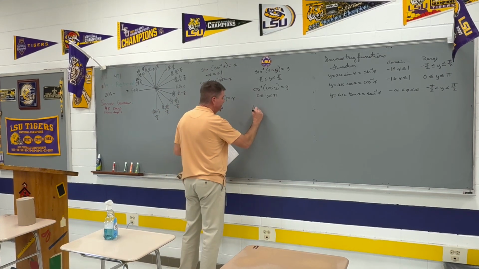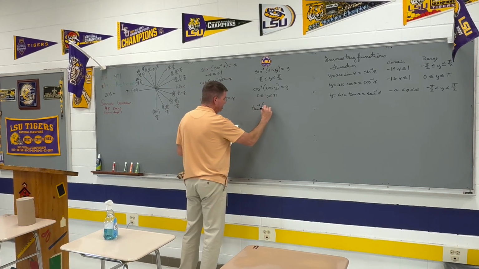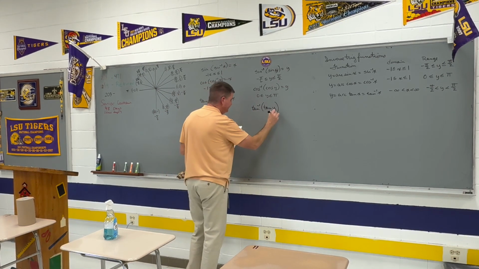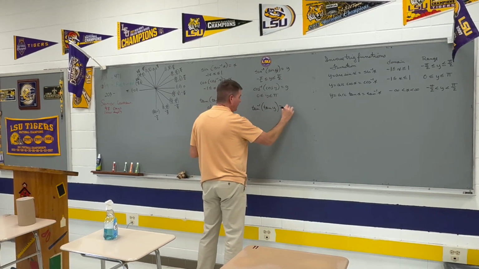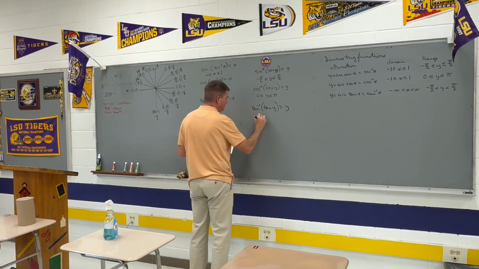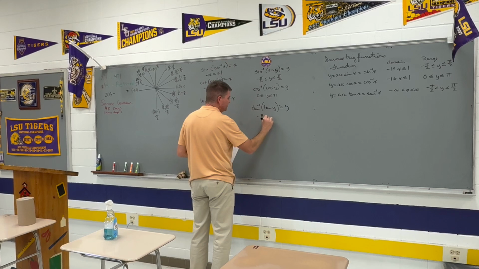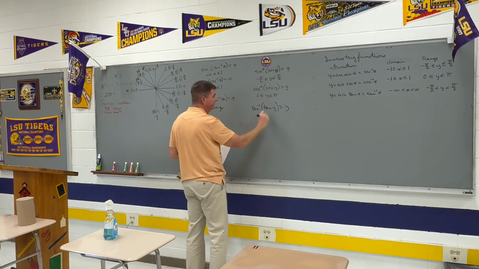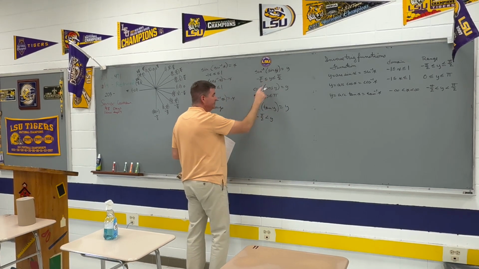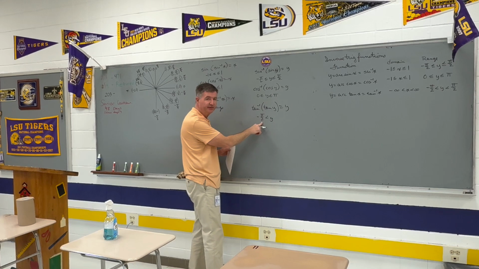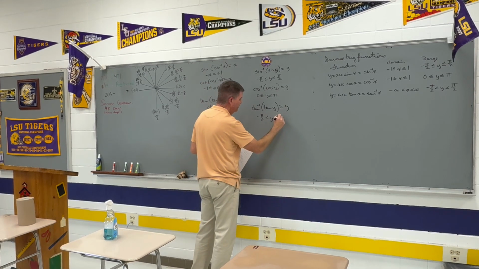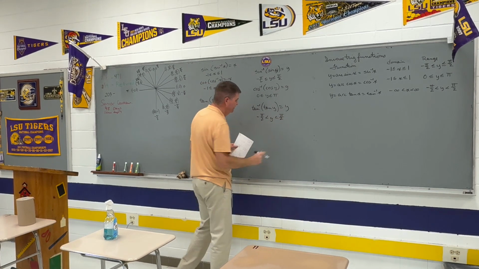Whereas the inverse tangent of the tangent of y would be equal to y only between negative pi over 2, which is less than y, not less than or equal to, because this would be where the asymptote would be, and that is less than pi over 2.